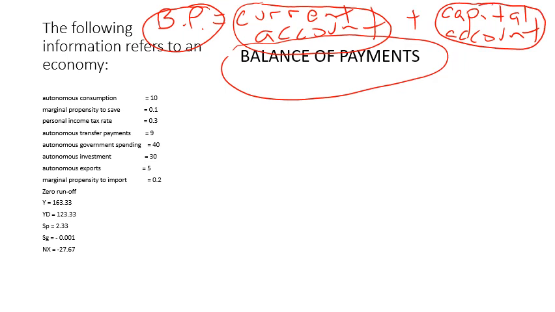So what kind of transactions belong in a current account? These are primarily exports and imports of goods and services.